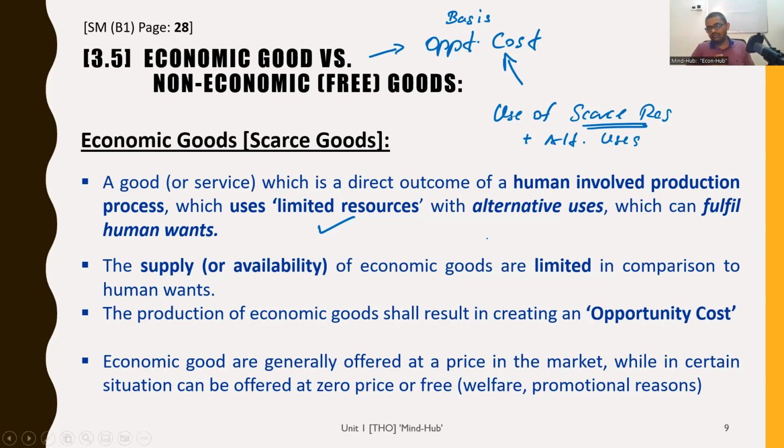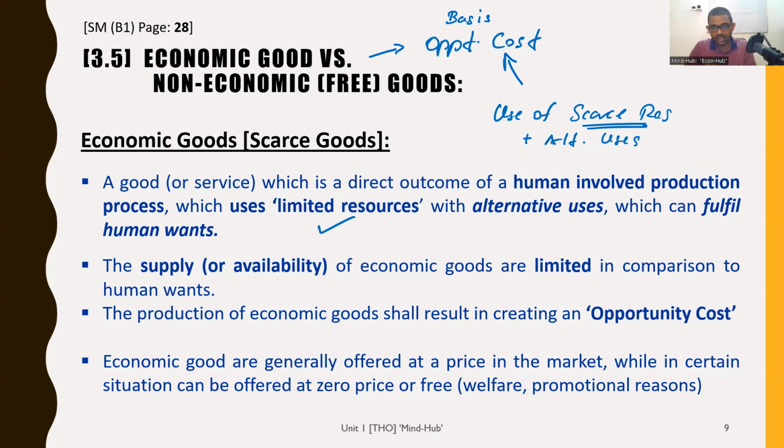Then comes the other features, and the feature that we never really focus on, so we don't get confused, is this: we never say economic goods have a price, free goods don't have a price. We don't go there. Because sometimes, just think of this, and with this food for thought, I'll finish today's session. Economic goods have a cost, opportunity cost.